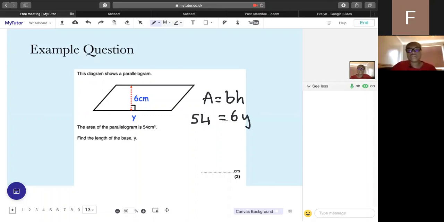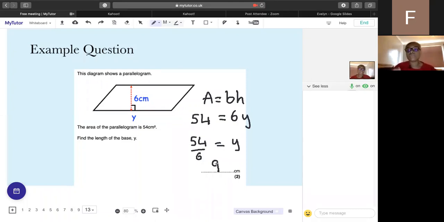In order to do this, we need to divide by 6 on both sides of the equation. So we're going to do 54 divided by 6, and 6y divided by 6 just gives me y. So y is equal to 54 divided by 6, which is 9. So y equals 9 centimeters.